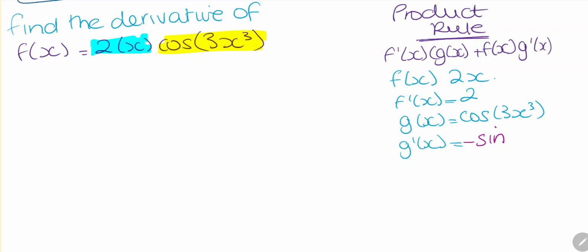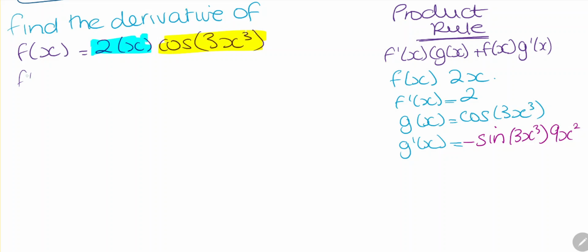And we write this inside the same, 3x cubed, but then we need to multiply it by the derivative. So the derivative is 3 times 3, which is 9x, and we minus 1 from the power, so that's going to be 2.